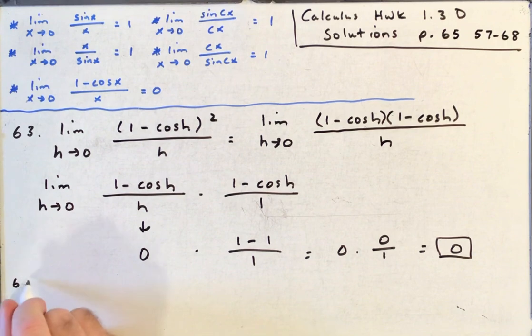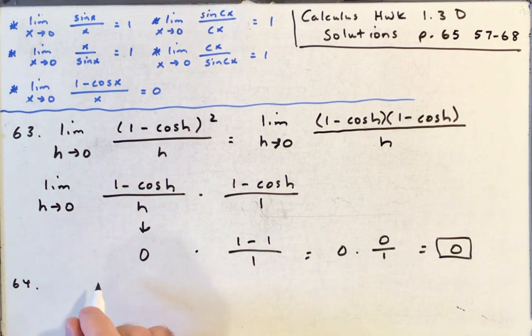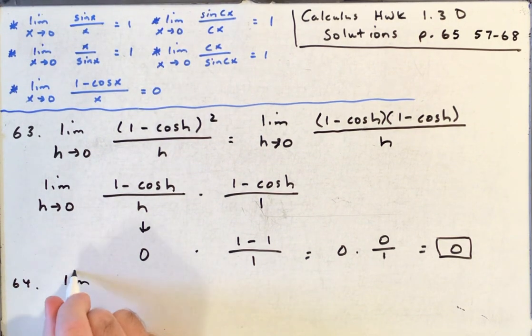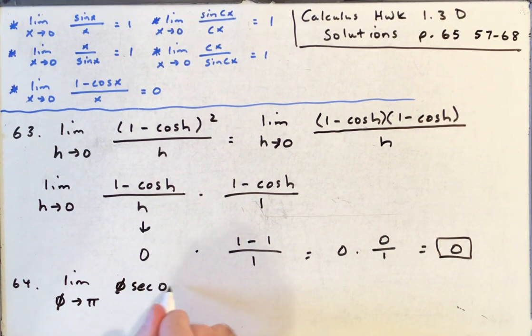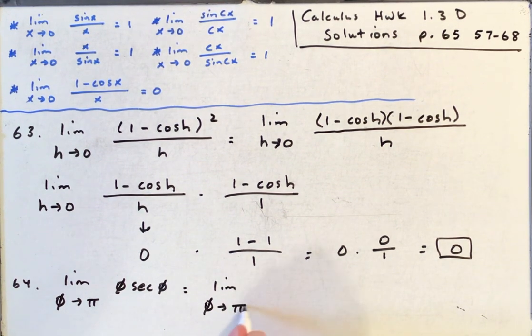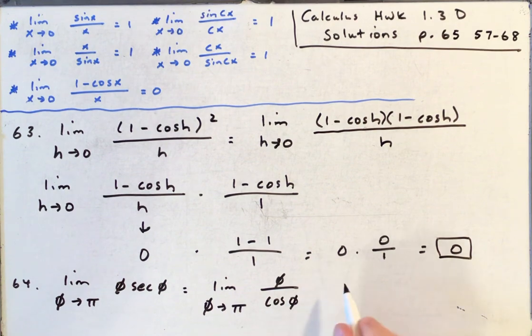Okay, I think I can smush 64 in here. We got the limit as phi approaches pi of phi secant phi. Well, secant's 1 over cosine, so that's the limit as phi approaches pi of phi over cosine phi.